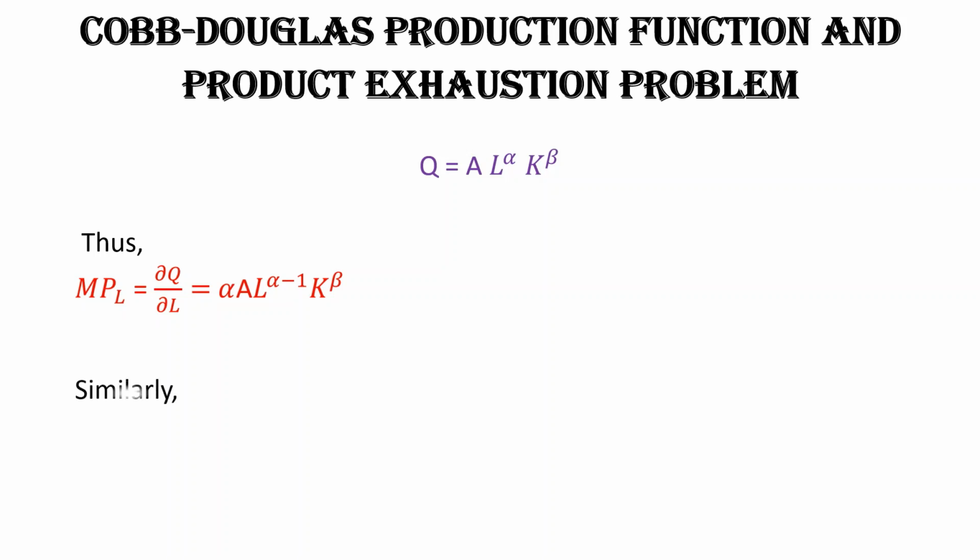Now, if we want to find out the marginal product of capital, similarly we can get it as MPK, that is marginal product of capital, is equal to dou Q by dou K is equal to beta A into L raised to alpha into K raised to beta minus 1.